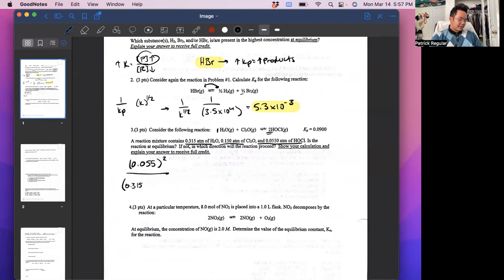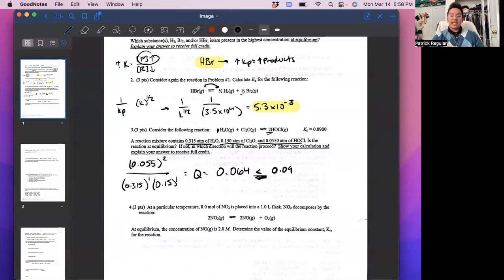Then 0.315 atmospheres of H2O, to the first power, times 0.15, also to the first power. And if we multiply that out, our Q value is 0.064, which is less, I'm underlining, that's not equal to, but less than 0.09.